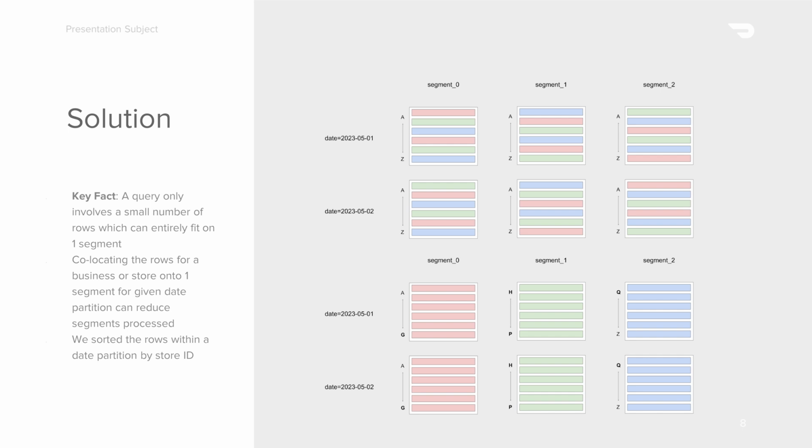So theoretically, there shouldn't be a reason why we're reading a bunch of Pinot segments. The reason that happened though was in the beginning, we didn't make any effort to make sure that all the rows for a business or store were on one segment. And so the solution was to co-locate them.